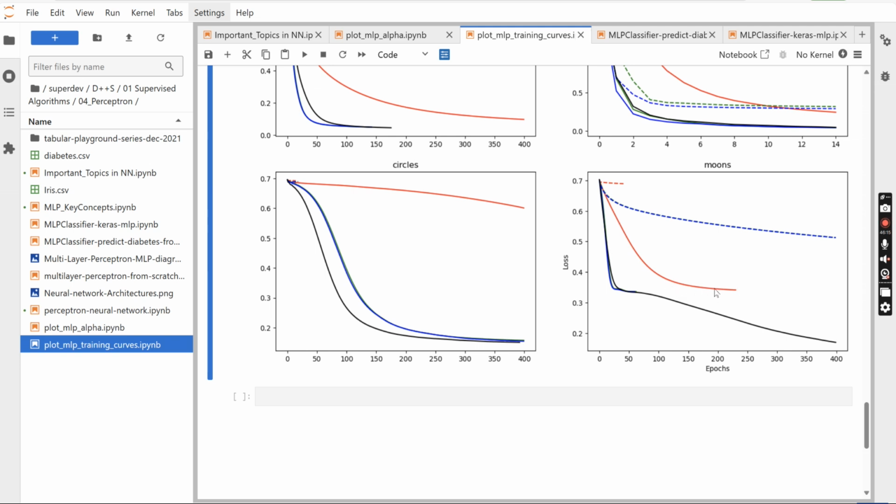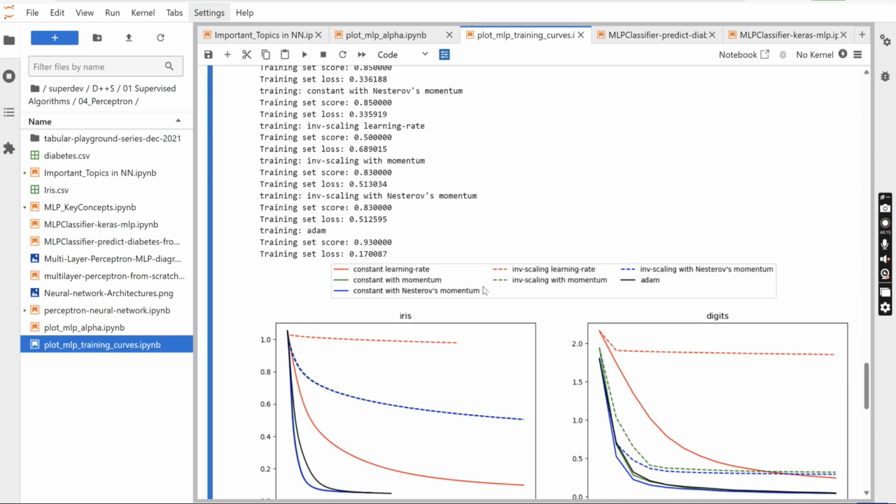Hence you see the straight line here, and early stopping kicks in and stops the training process. Here constant learning is not able to decrease the loss for circles. So you can't use constant learning rate, with momentum or without momentum, and inverse scaling is also out of the question.